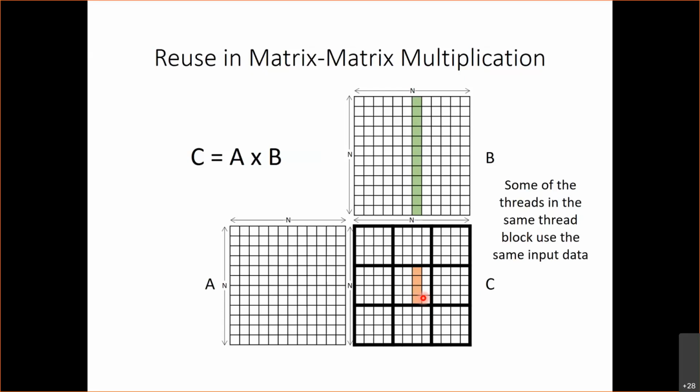So rather than having all 4 of the threads processing these 4 elements each load this element from global memory, and this element from global memory, and this element from global memory, etc., what we can do is have the threads in the same block somehow collaborate to load elements from global memory into shared memory, and then reuse them from shared memory.